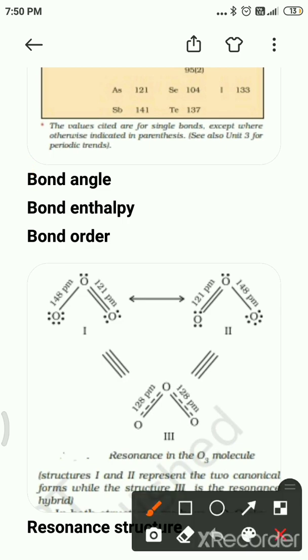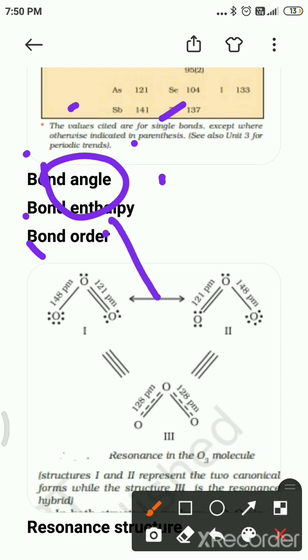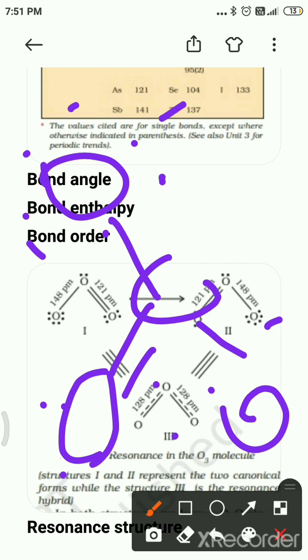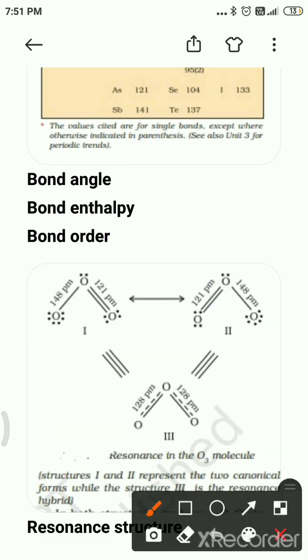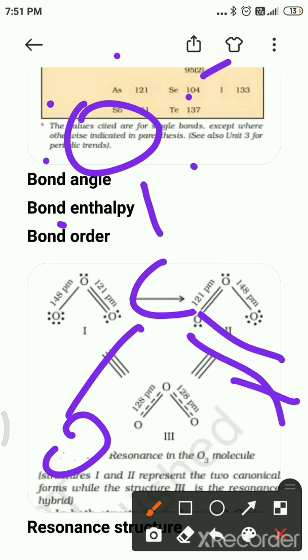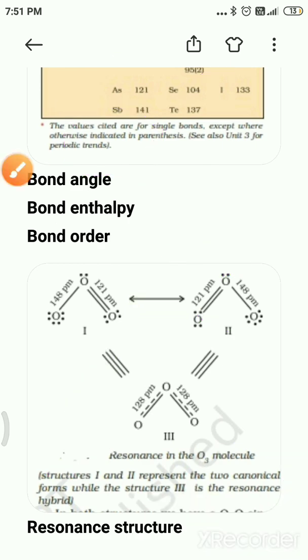Another structure, that is the second structure, has 2 here and 6 valence electrons there: O dash C, this is C double bond O dash O. And the third structure is O with 6 dots, dash C dash O double bond O. So this is the third canonical form of the carbonate ion.